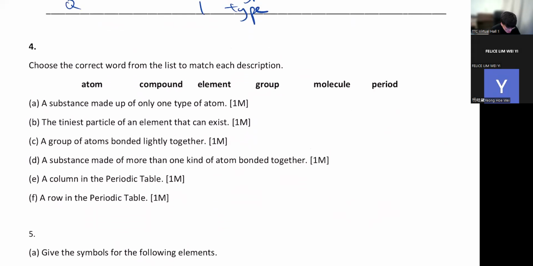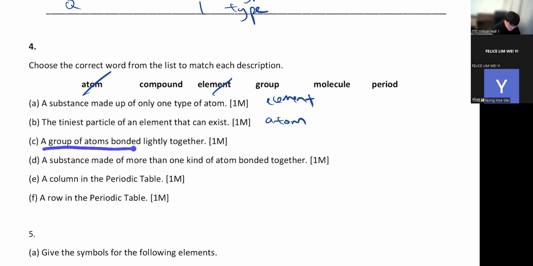Okay, so correct word, a substance made up of only one type of atom. Easy, element. And then B, the tiniest particle of element that can exist, the smallest, we call atom.